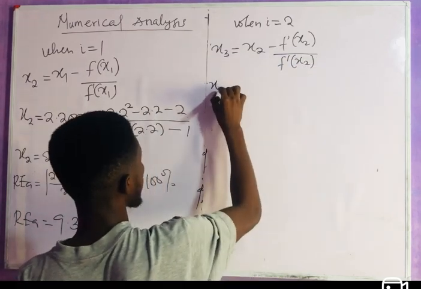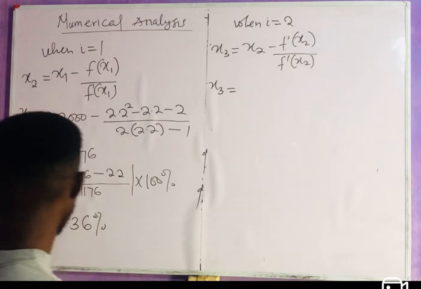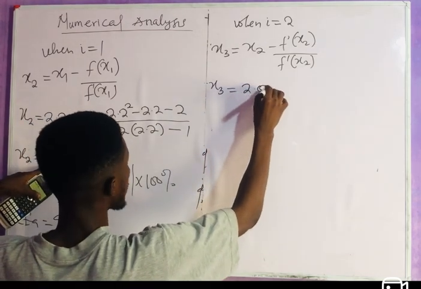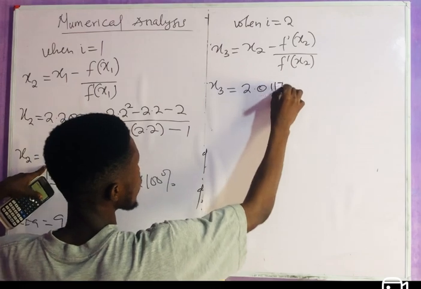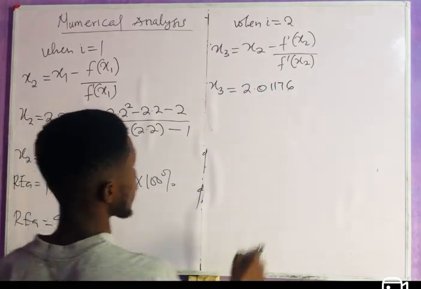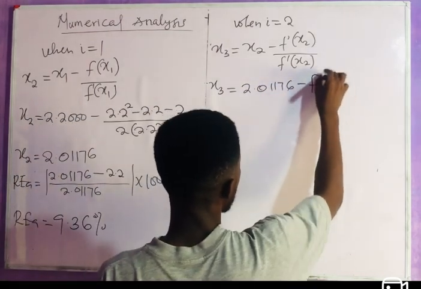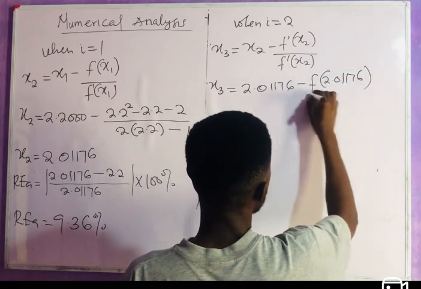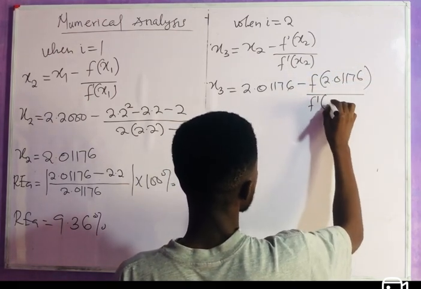So we have x3 equals x2 minus f of x2, all divided by f prime of x2. So x3 equals, what is our x2? This is our x2, which is 2.01176, minus f of that, all divided by f prime of that.